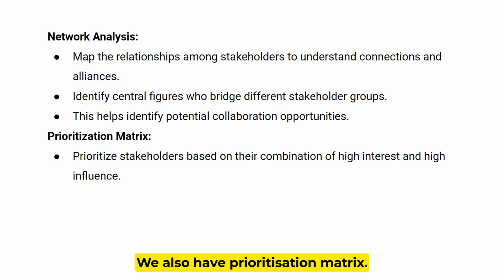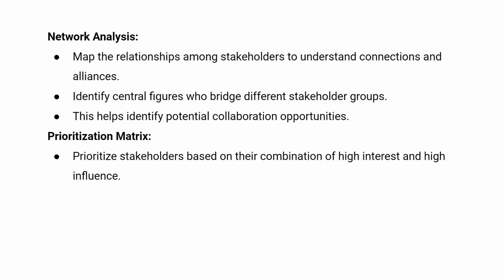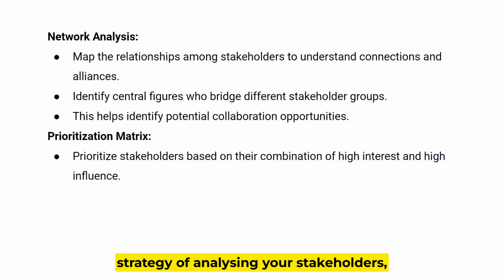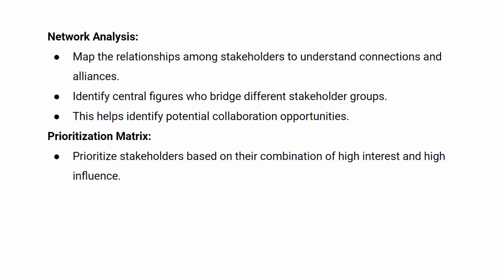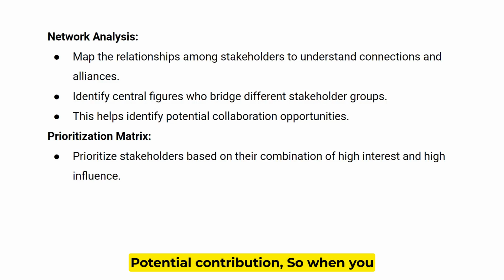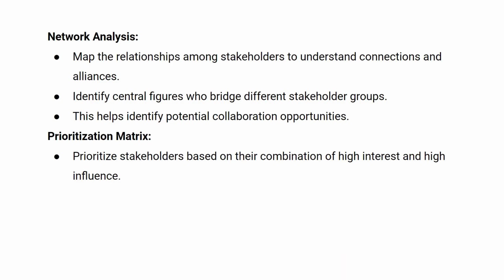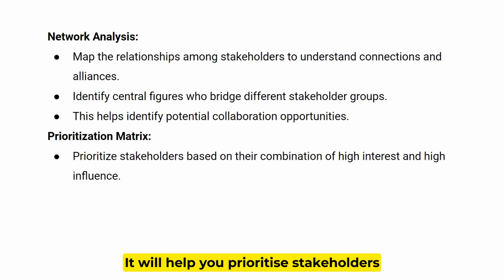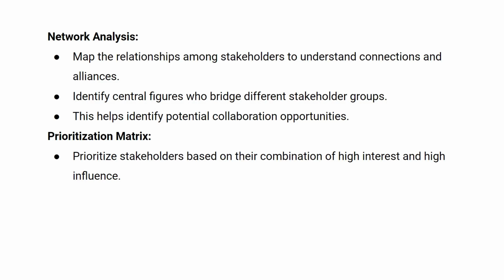We also have the prioritization matrix. The prioritization matrix is another strategy for analyzing your stakeholders' interests, influence, and potential contribution. When you plot out the prioritization matrix, it will help you prioritize stakeholders based on their interests and influence.